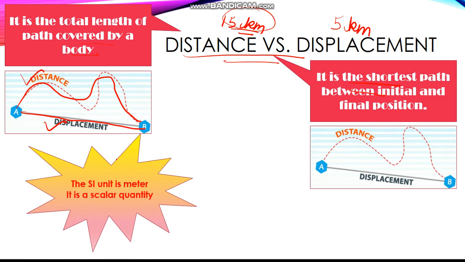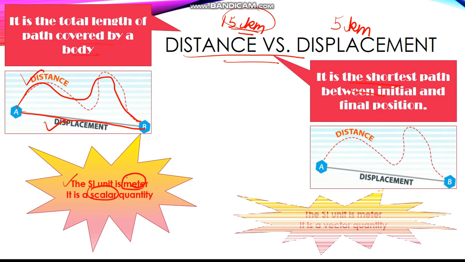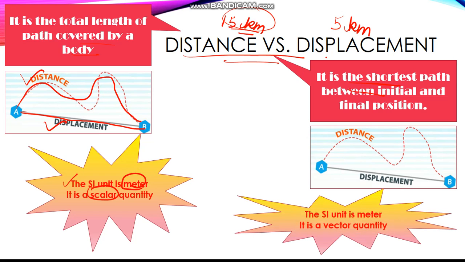Okay. Now the SI unit of distance is meter and it is a scalar quantity since it has only magnitude. But if we talk about displacement, the SI unit is meter, but it is a vector quantity since it has the shortest path, which is in only one direction.